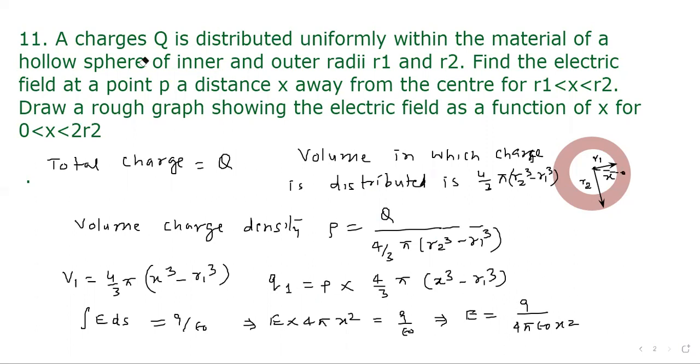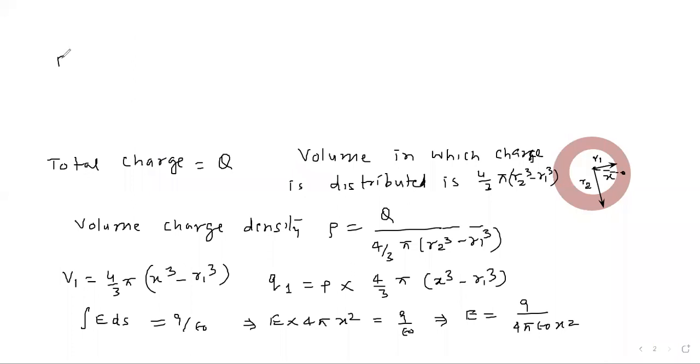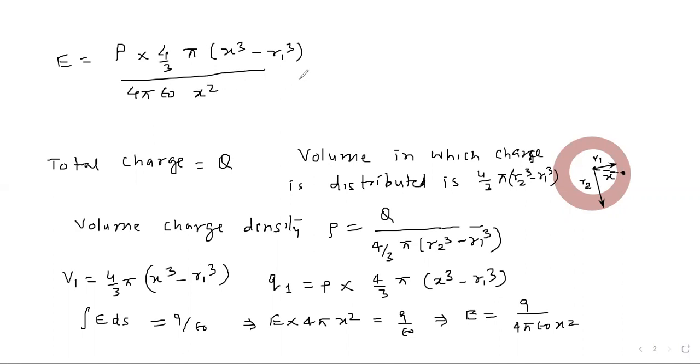So E equal to Q1, which is rho times 4 by 3 pi (x cube minus R1 cube), divided by 4 pi epsilon naught x square.